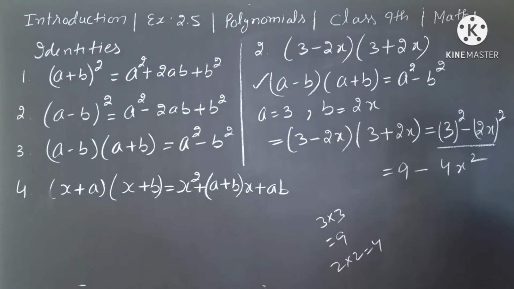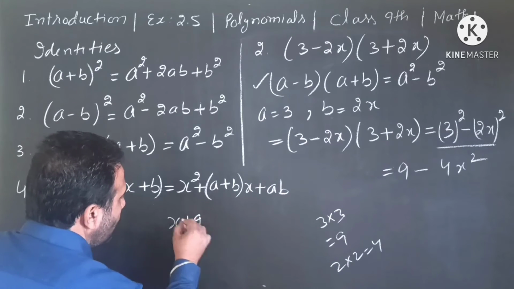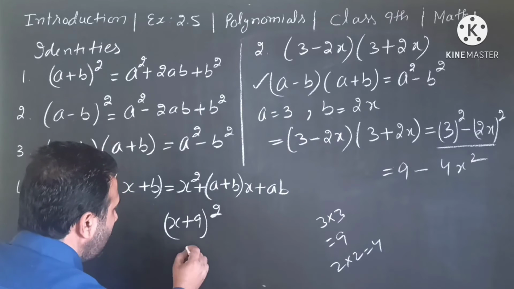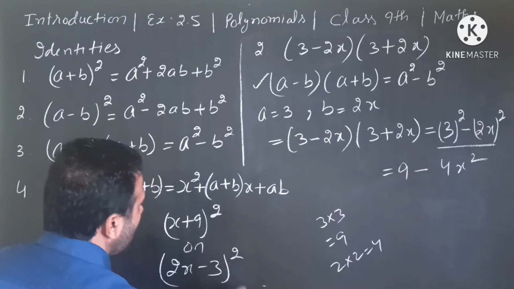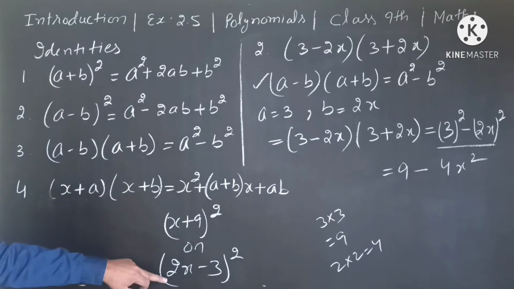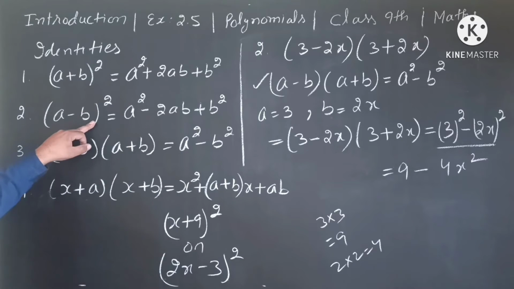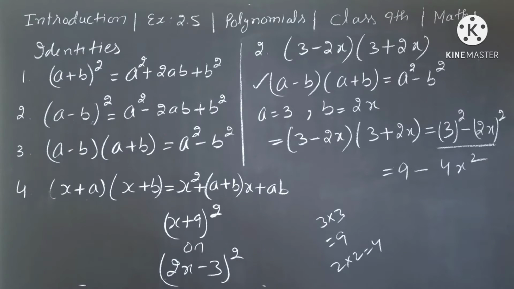Same like that you can solve the sum that if we have x plus 9 whole square or 2x minus 3 whole square. Here we can apply the first identity. In some number second we can apply second identity. Okay, with the help of identities we can solve our sum.